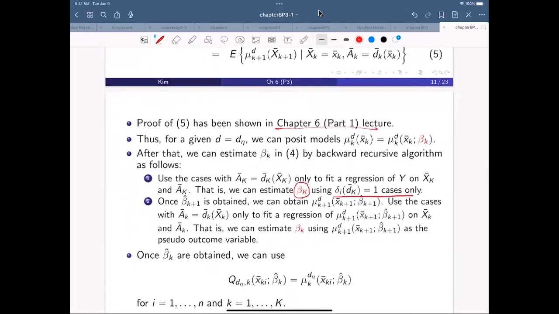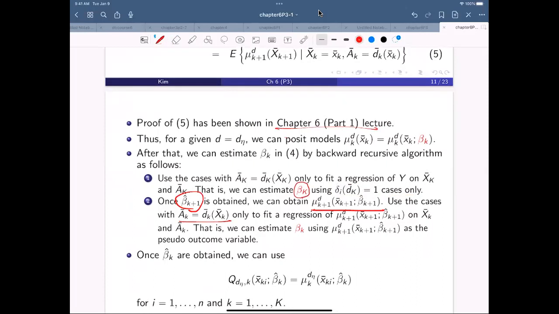Which means we're going to use the regime-consistent cases only to fit the regression and to estimate beta K. And then use that to construct the pseudo value, the pseudo outcome. And then regress this pseudo outcome on X bar using the consistent cases.